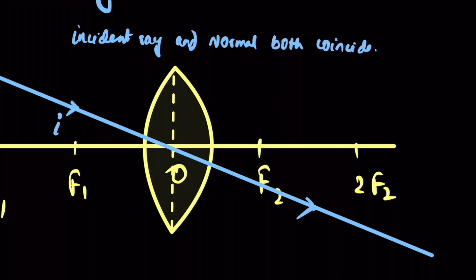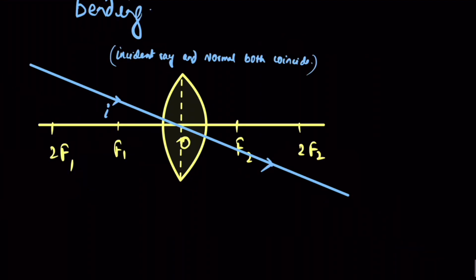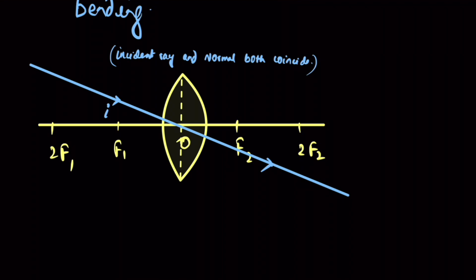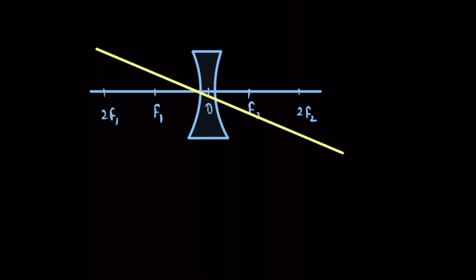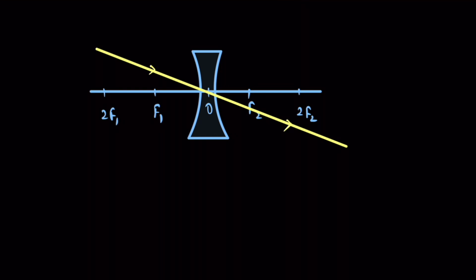That's why it will pass without bending. In part 1, I explained this in a proper way, so you can check it out. Similarly, if we take the incident ray in the concave lens passing through the optical center, it will move straight without bending. These three rules we will use in the image formation of the spherical lenses.